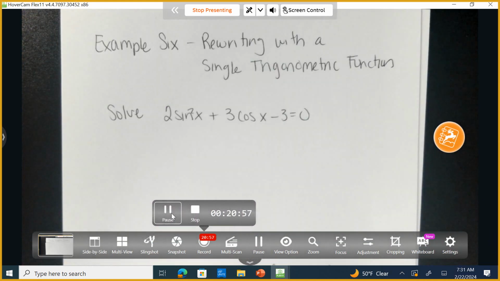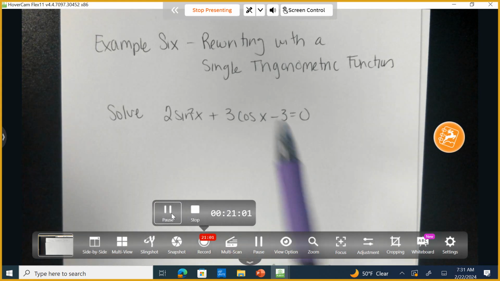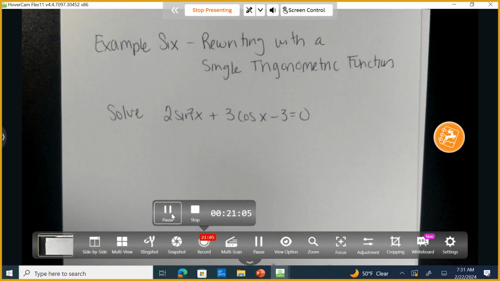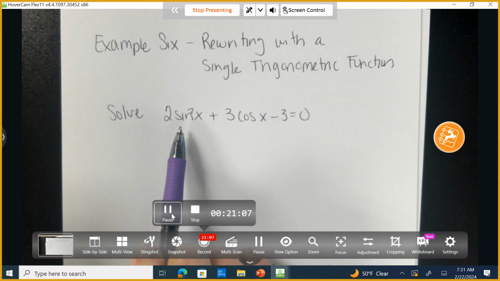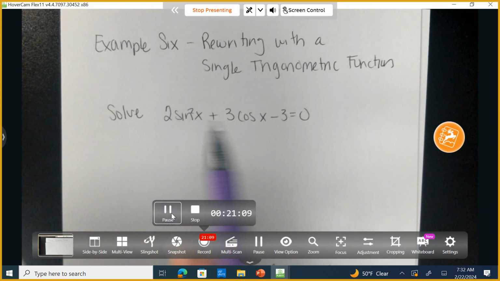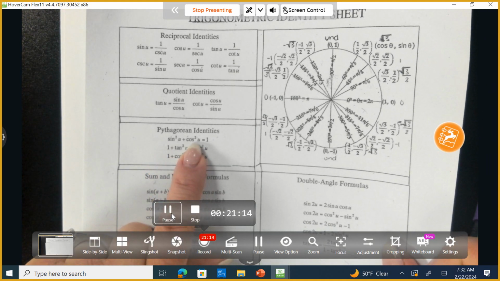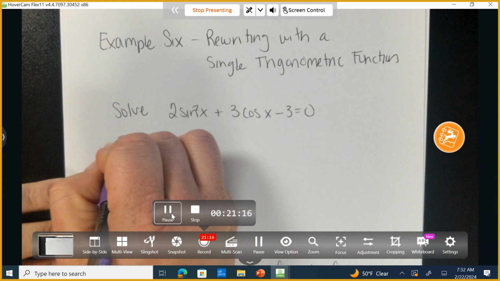Okay, when we're solving, ideally we want to have just one trig function. So I'm going to come over here and ask myself, what can I do here? Well, I think I could replace sine squared. What is sine squared equal to? It's equal to 1 subtract cosine squared. So let's rewrite this.